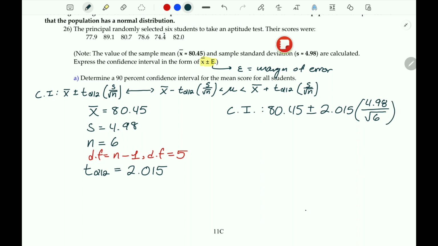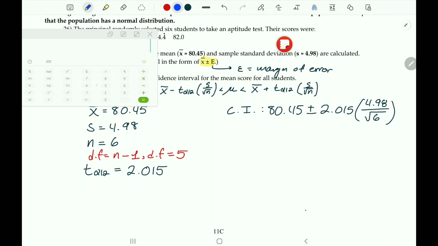In the beginning, the direction stated to round all intermediate answers to 3 decimal places. That's what we're going to do. We're going to divide 4.98 by the square root of 6 and round to 3 numbers after the decimal.